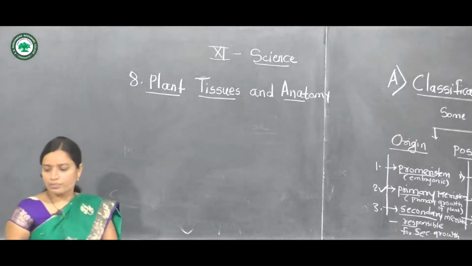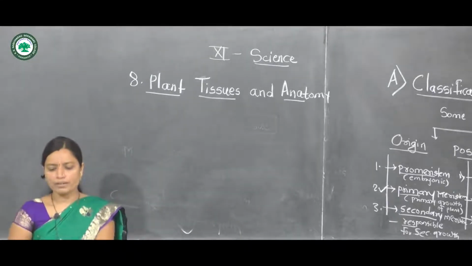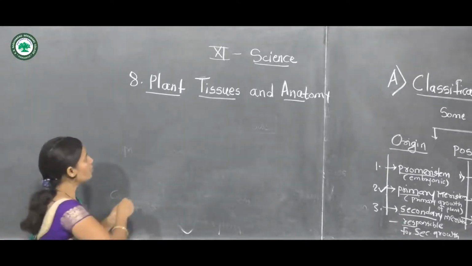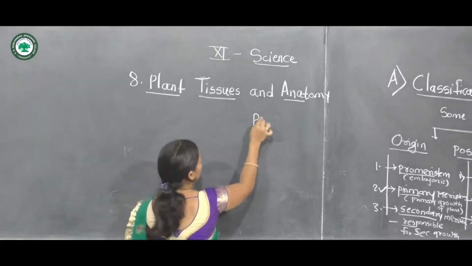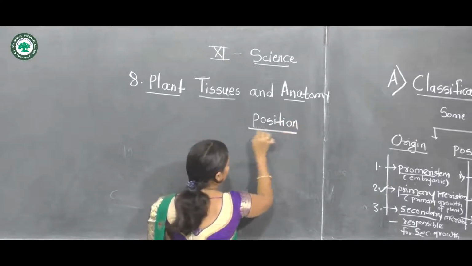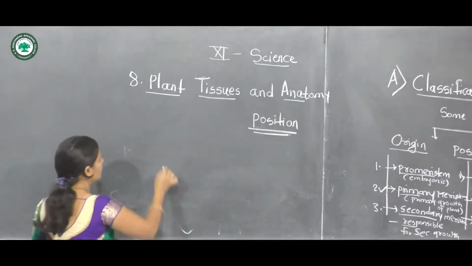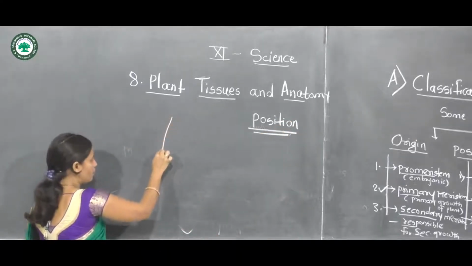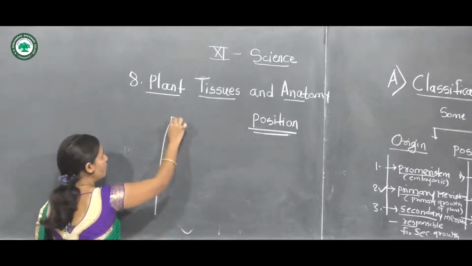Now the first one, the apical meristem. This diagram shows where the meristem is found in the plant body.